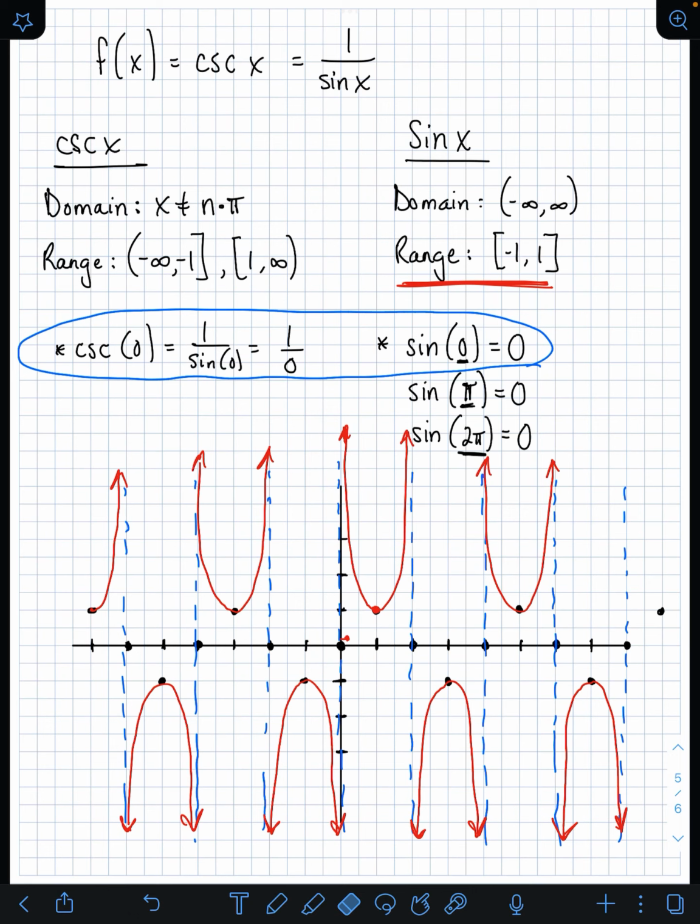Secant is going to have very much the same relationship with cosine. Secant of x is the reciprocal of cosine of x.